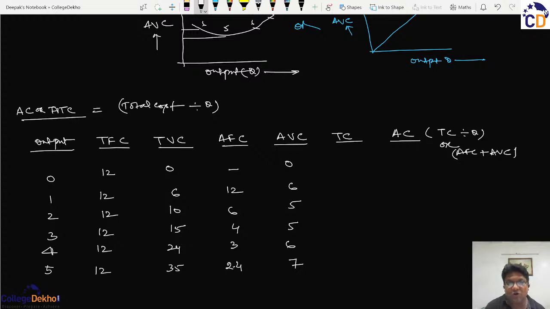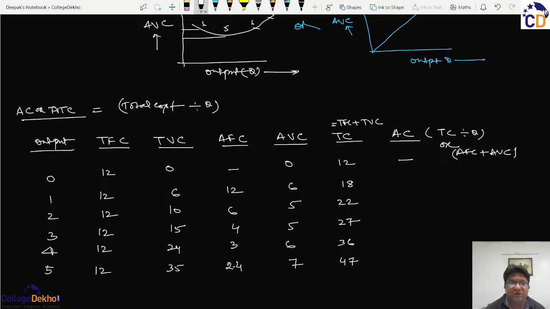So the total cost, which is equal to total fixed cost plus total variable cost, will be 12, 18, 22, 27, 36, and 47. If we now divide, the average cost here will be infinite because of 12 upon 0.